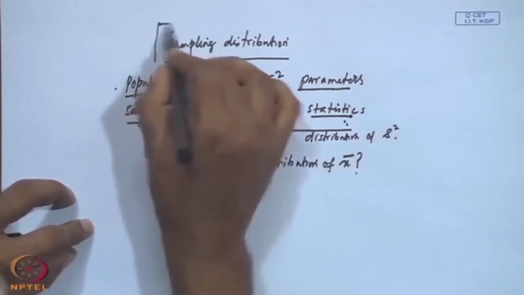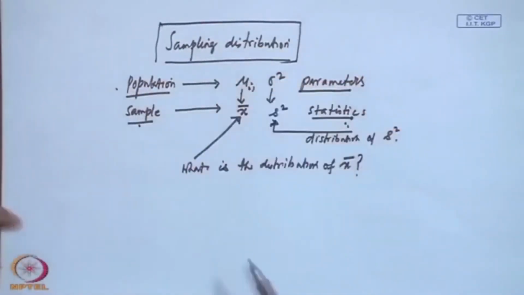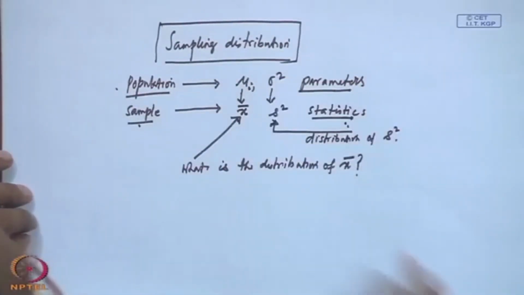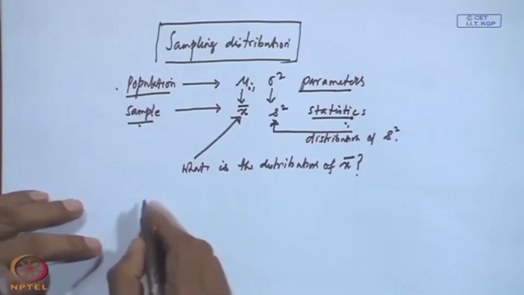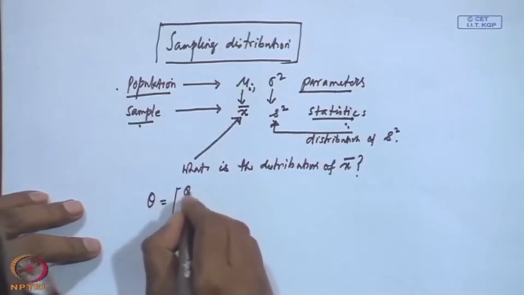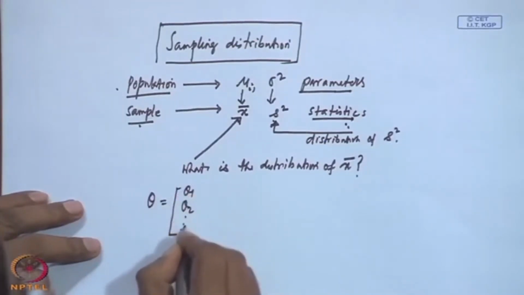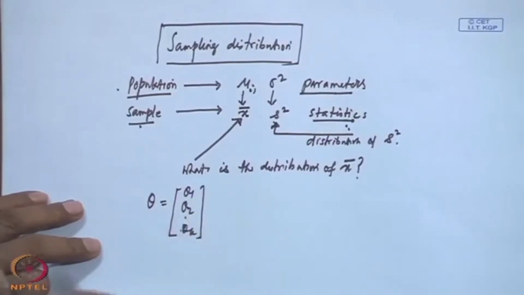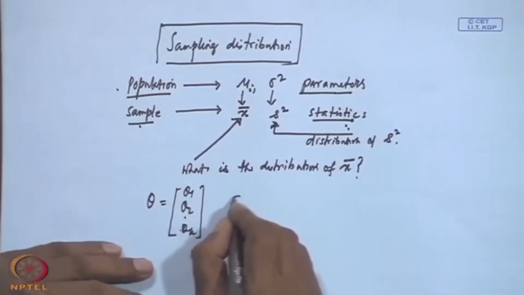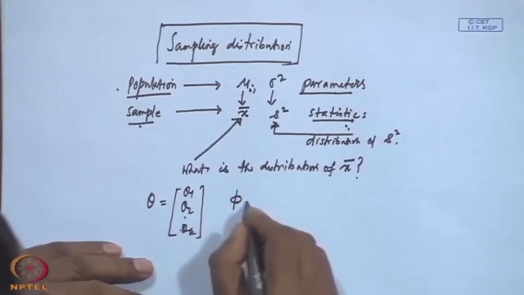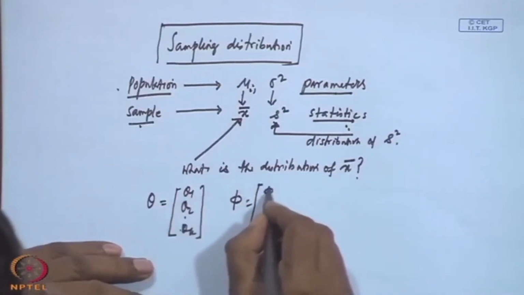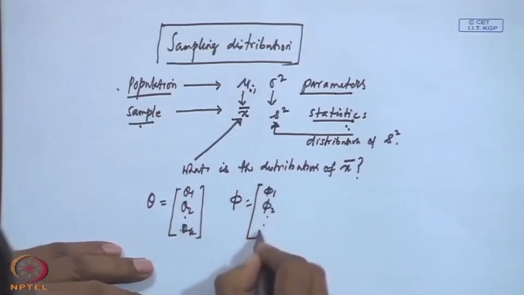Under sampling distribution, we will discuss these two, but please keep in mind, in general, if theta is equal to theta 1, theta 2, up to theta k, there are k parameters, then corresponding to every population parameter there will be a sample statistic.